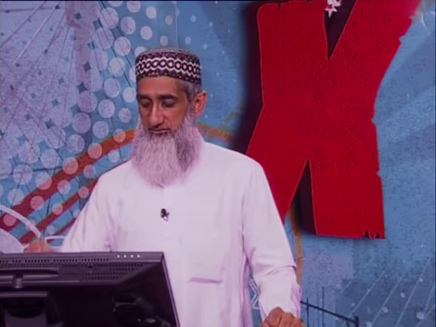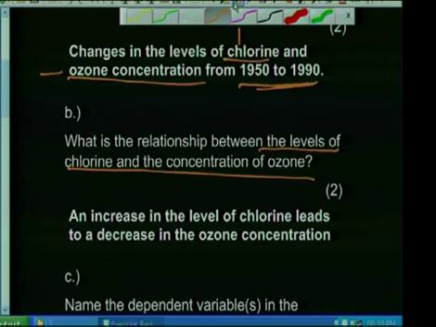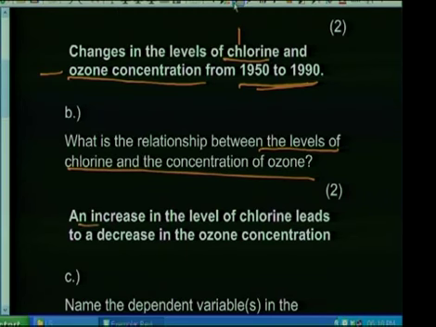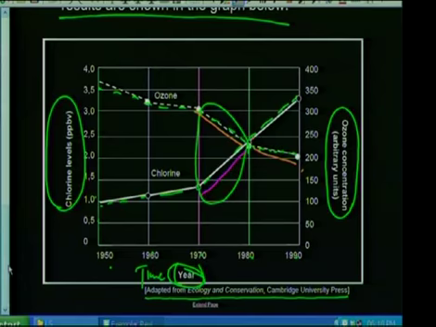So what we're saying here, first of all, is that an increase in the level of chlorine leads to a decrease in the ozone concentration. This is the relationship. But if I tell you, give the trend in the graph, then you needed to be a little more careful. Initially, as the chlorine levels increased, there was a gradual decrease in the ozone layer.